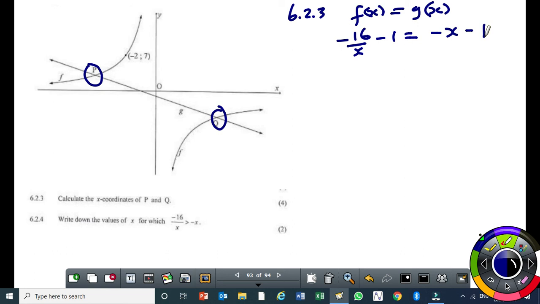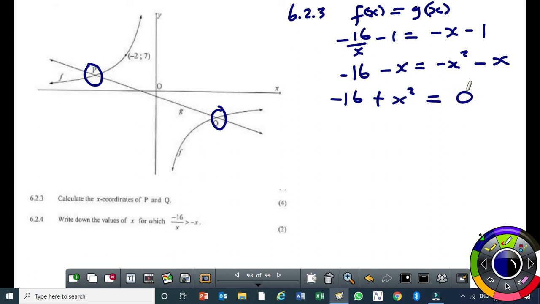Then your knowledge of equations from term 1 is required for you to carry on from that point. I'll find the LCD, which is x. So this becomes minus 16 minus x equal to minus x squared minus x. This becomes minus 16 plus x squared equal to 0.